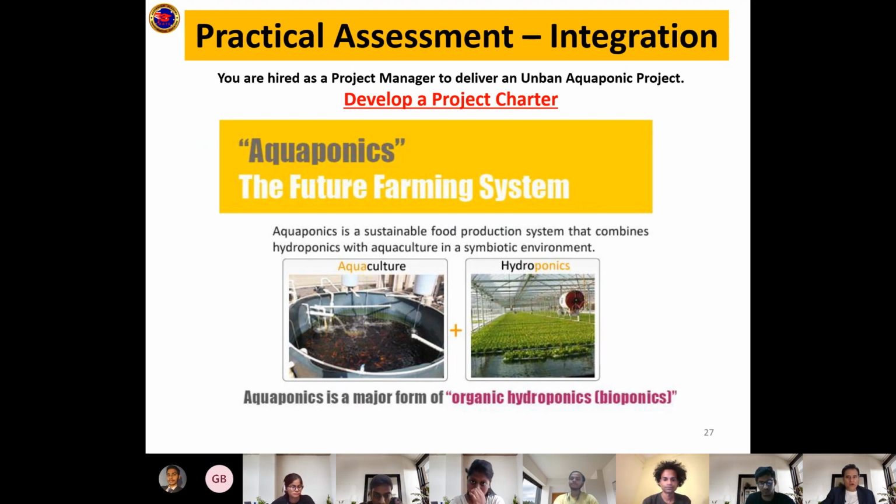While you're writing, Professor Gaurav will continue to give you answers. Whatever you want to ask, he will give you the answer. Your job is not to discover the answers. Your job is to collect the data and put it in a project charter template. Okay, so over to Professor Gaurav. I will just stop sharing.